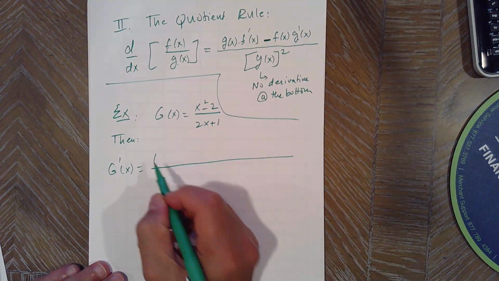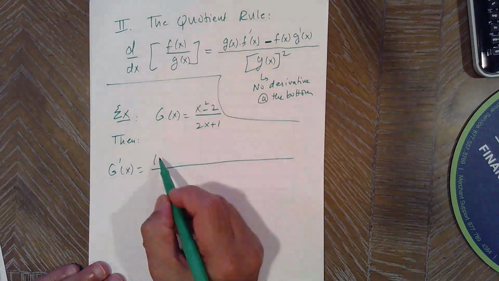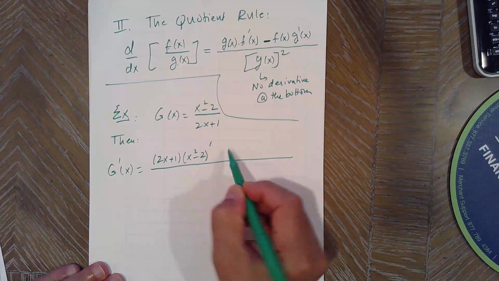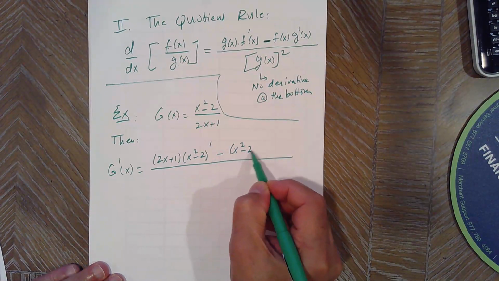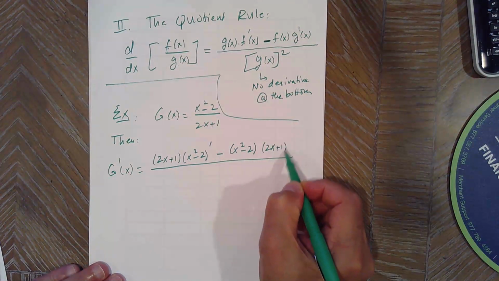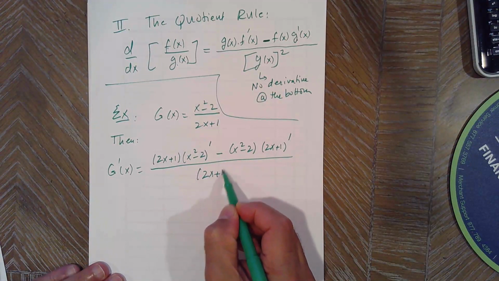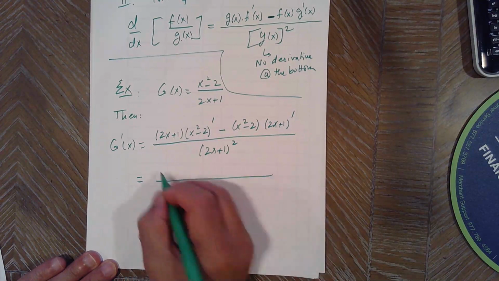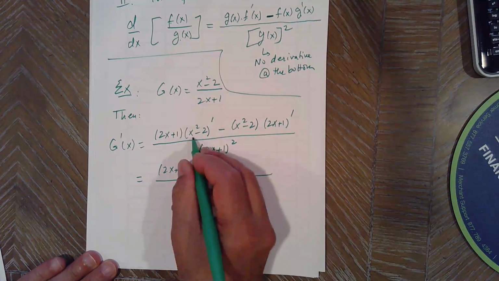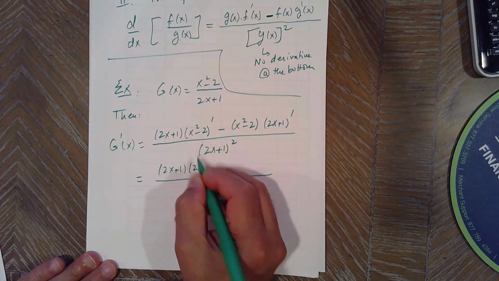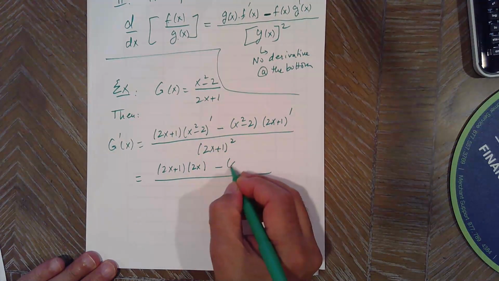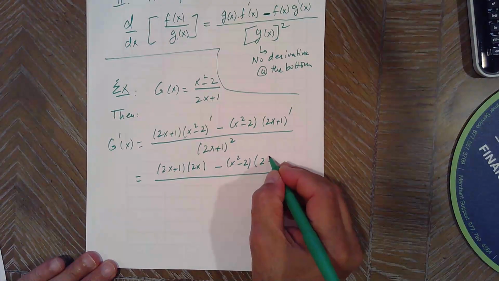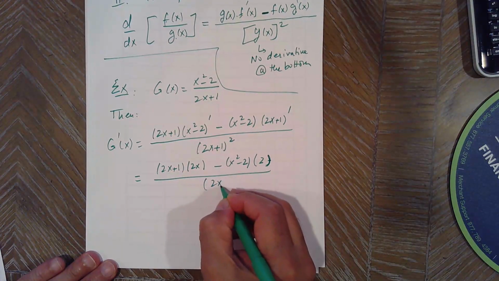So we fix the bottom, we times it by derivative of the top minus top derivative of the bottom over the bottom squared, and no derivative at the bottom. So 2x plus 1, derivative of x squared is 2x, derivative of 2 is 0, derivative of 2x is 2, derivative of 1 is 0, so we don't need to do that.